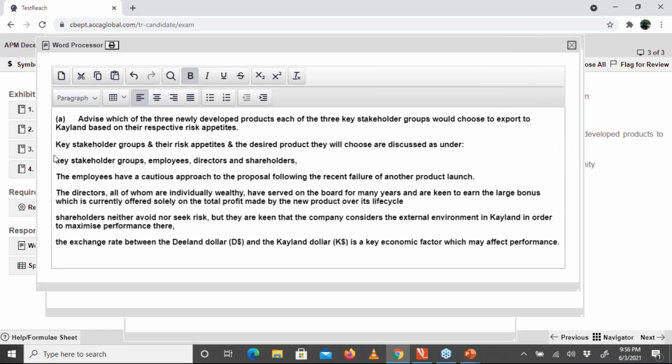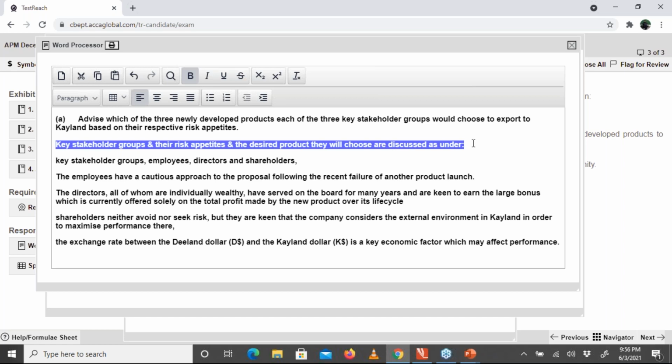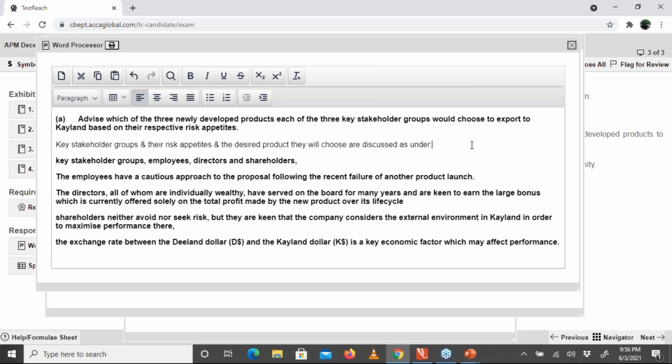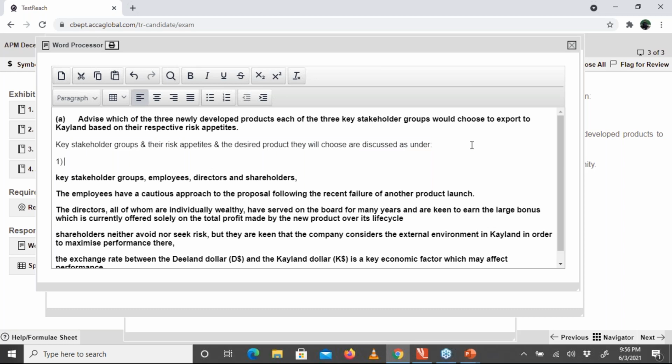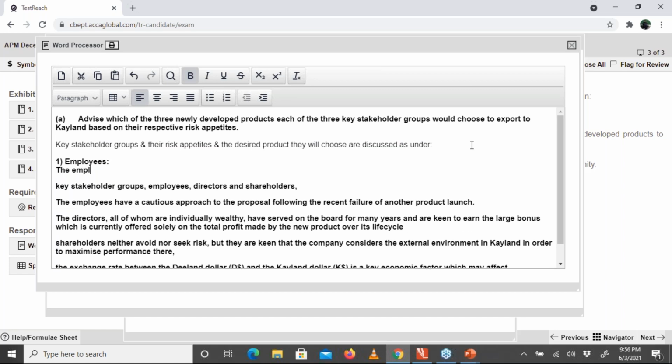I'd say the key stakeholder groups, their risk appetites and the desired product they will choose are discussed as under. So number one of them is basically the employees. The employees are risk averse and are not willing to take any risk at all because they have had a bad experience in the past.